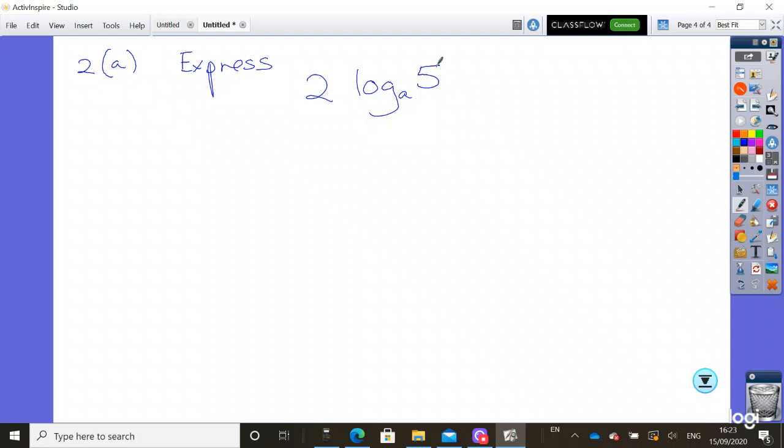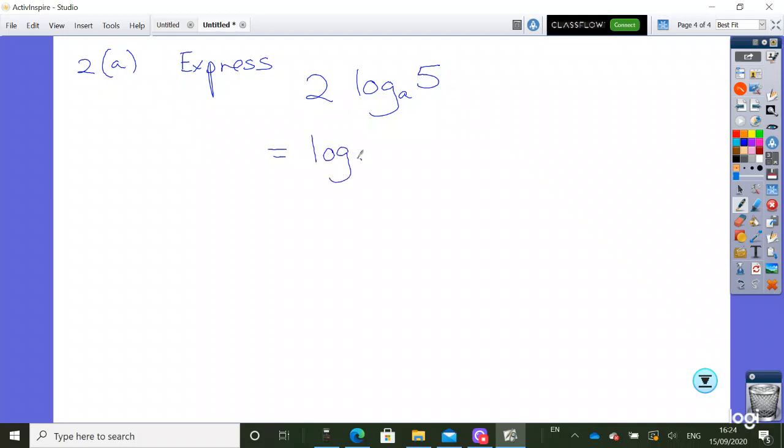So let me see what they're asking. Use law 4 to write, okay, and then use law 1 to combine the 2 logarithms. Well, this one is quite simple because the rule states that if there's a coefficient in front of a log, you can raise that to the power, isn't it?